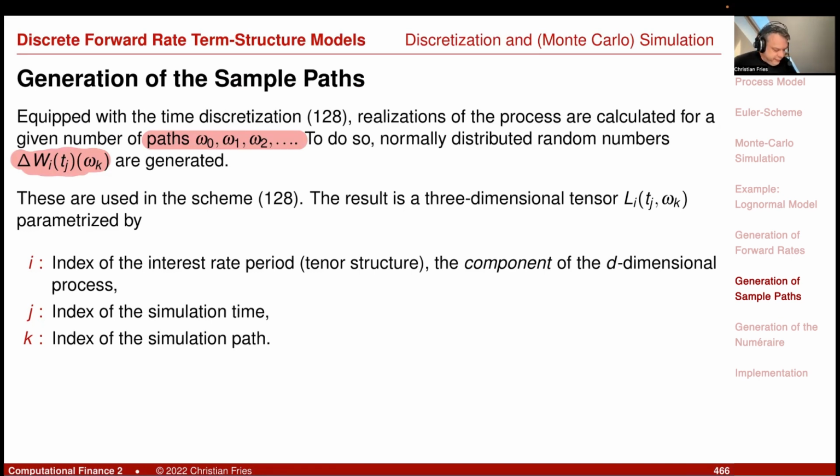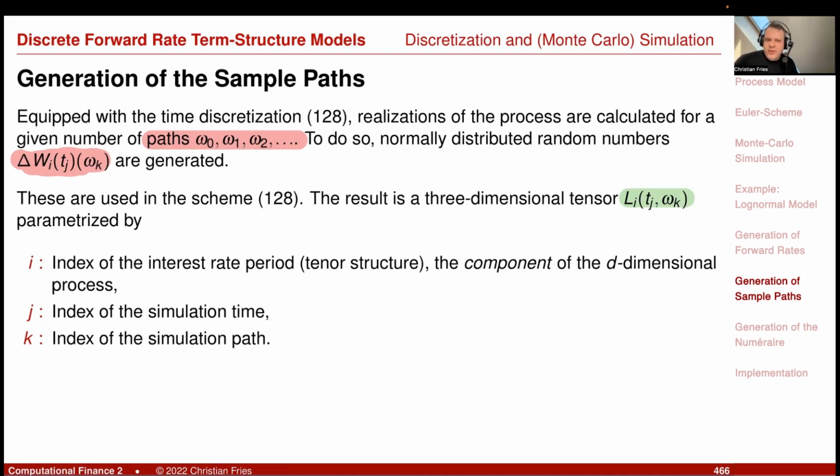So I have my forward rate Li observed at a time point Tj in my time discretization as a random variable sampled on a path omega k. So the time index of the interest rate period is my I. The time index of the simulation time is my J. The index of the simulation path is here my K.